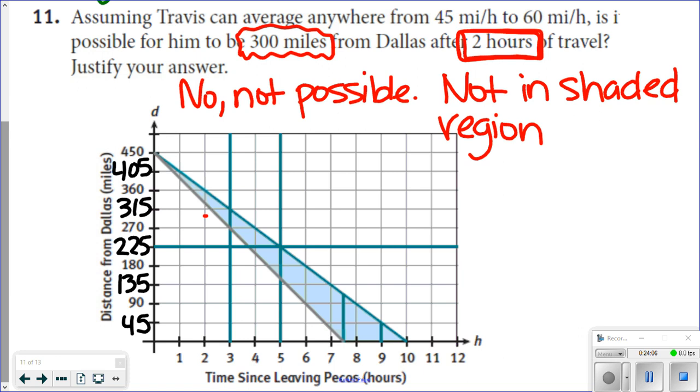It's not in our solution region. Okay, it looks kind of like between 320 and 360 maybe. 325 and 360. So 300 would not be a possibility for this.